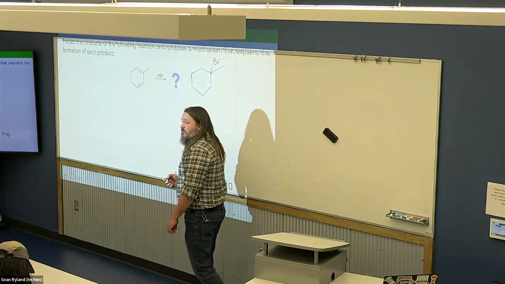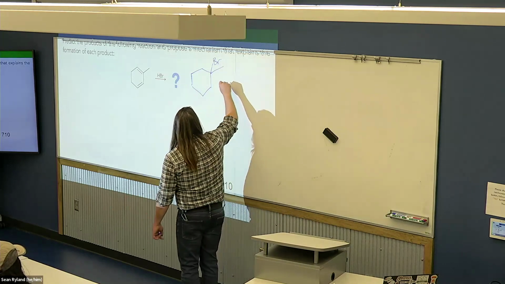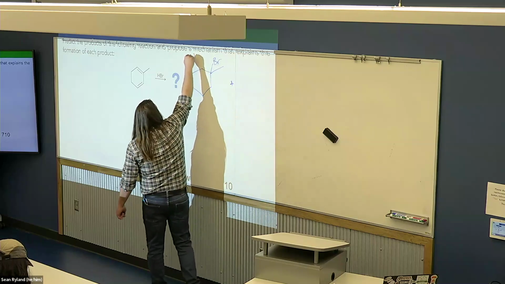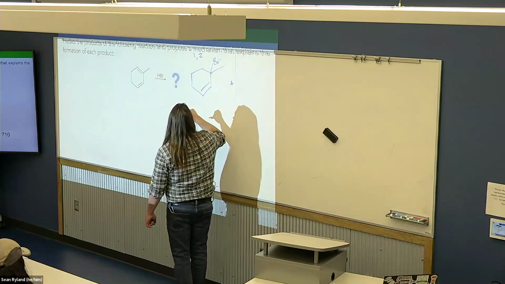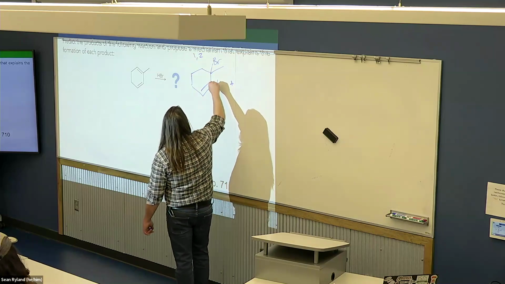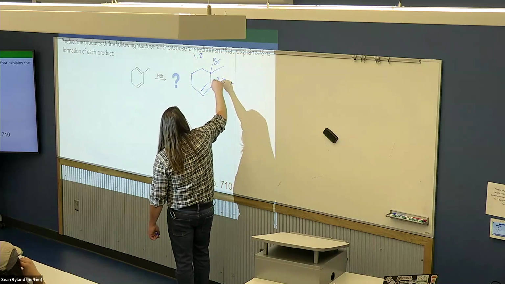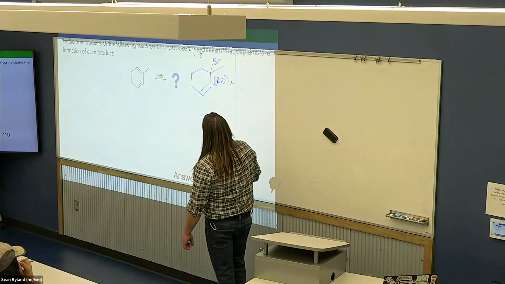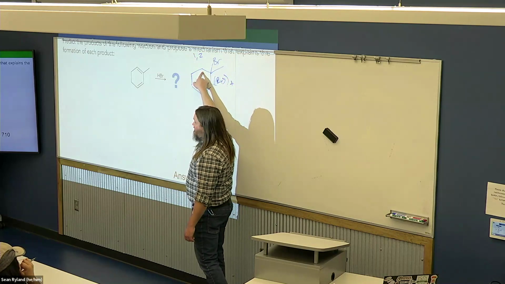And I guess we're actually going to have 4 products here, right? That's asymmetric. We can get the 1,2 adduct, R plus S. That's the 1,2 adduct if it reacts with the top pi bond.